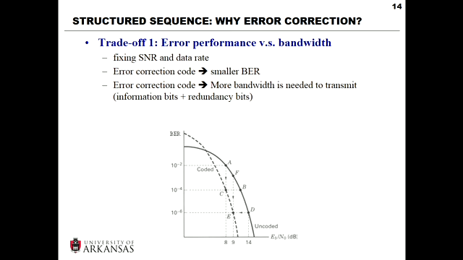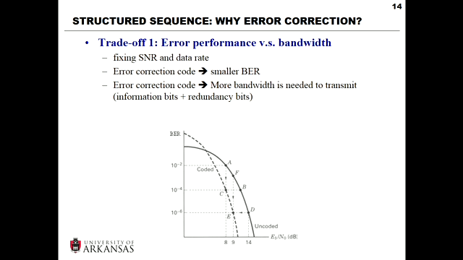So if we use, for example, a code with code rate 1/2, which means instead of transmitting 1 megabit of information in 1 second, we actually need to transmit 2 megabits per second to achieve the same data rate as an uncoded system, because we need to double the amount of information to be transmitted in a unit time in order to keep up with the data rate.